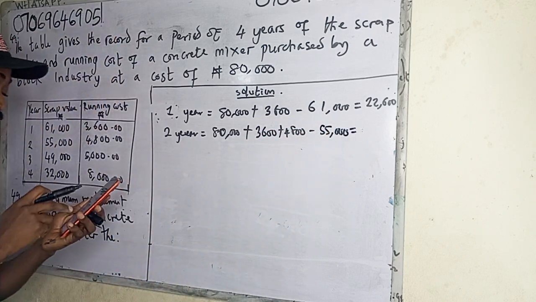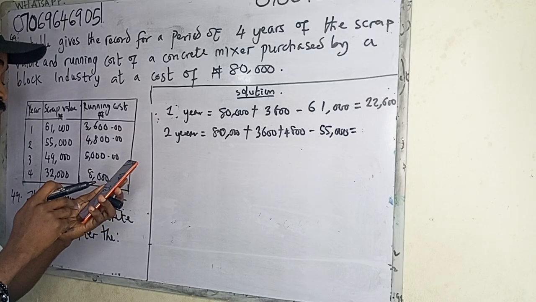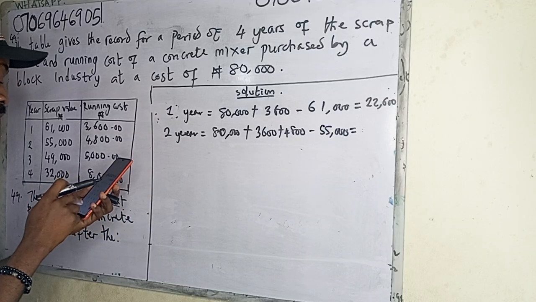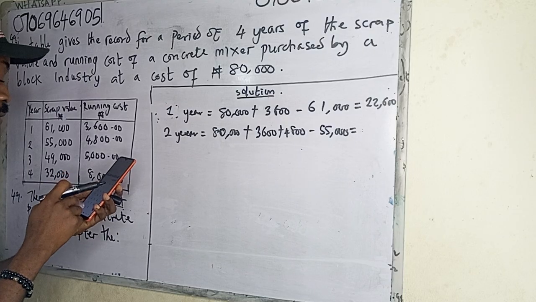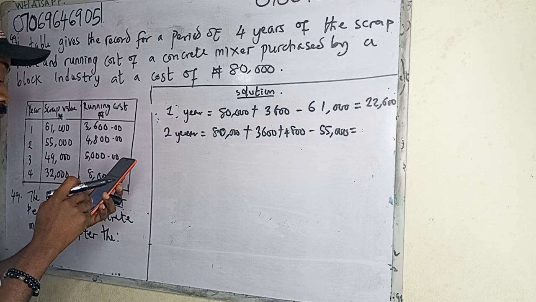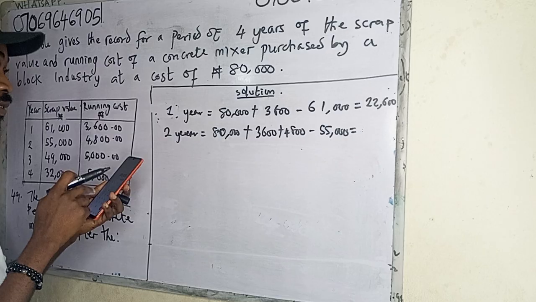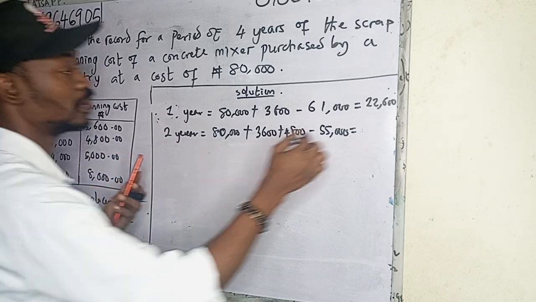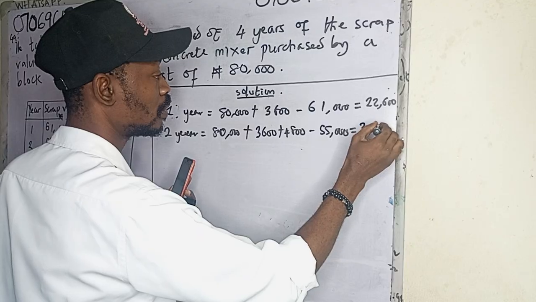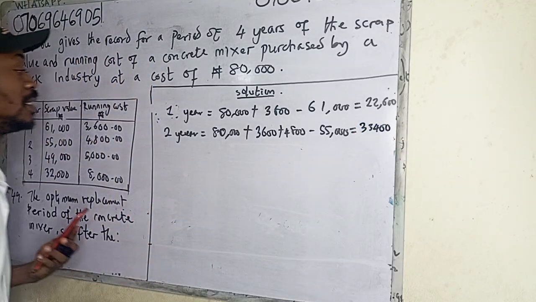So 80,000 plus 3,600 plus 4,800 minus 55,000. That's 33,400. That's the total cost for year two.